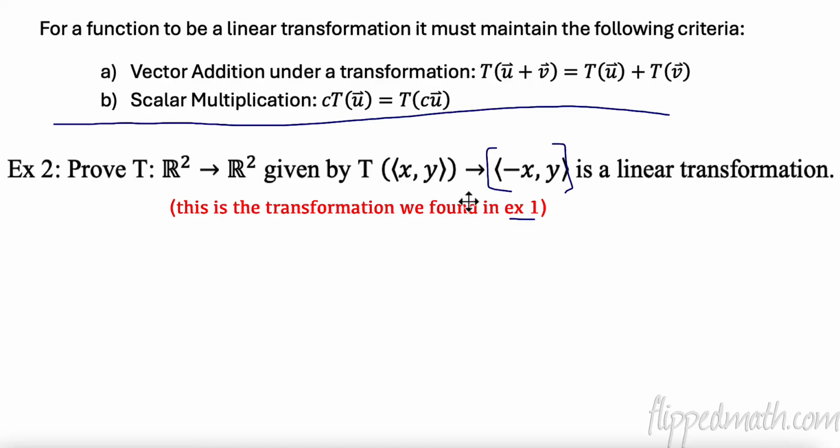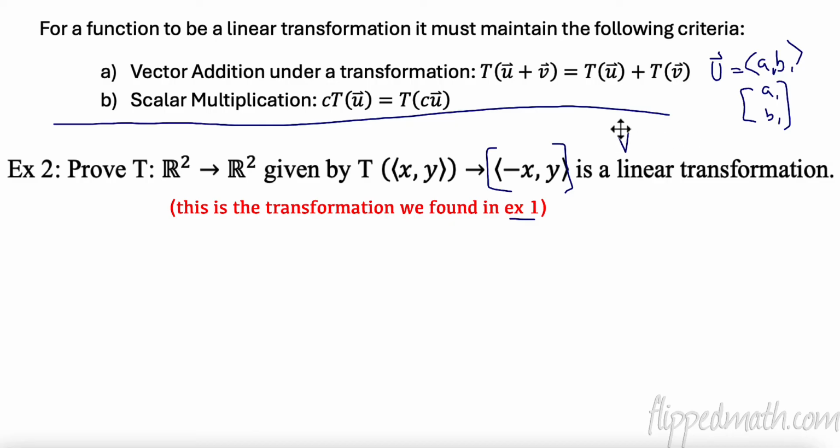So first, let us define a few things. Vector u, we're going to call A1, B1, so that would be the matrix A1, B1.